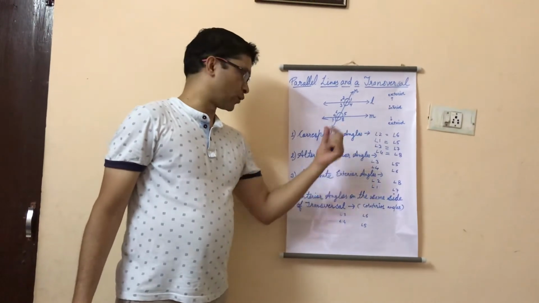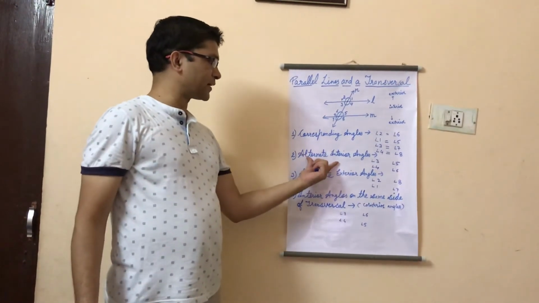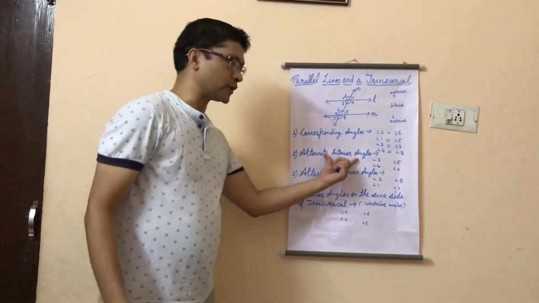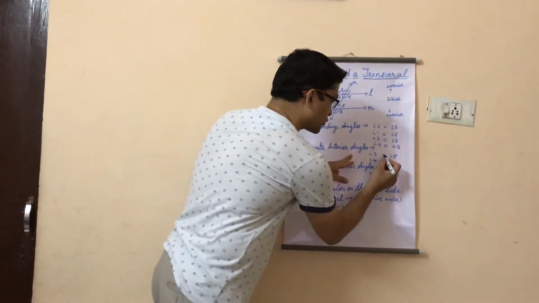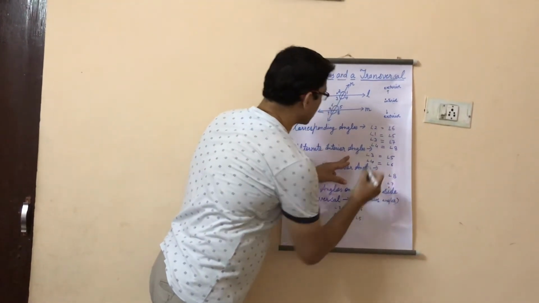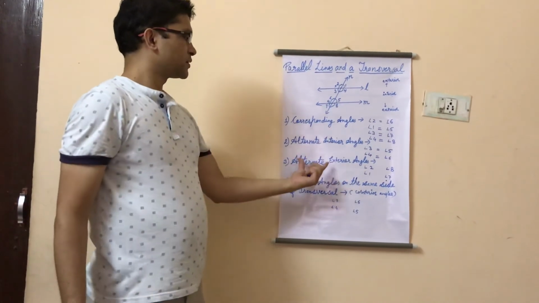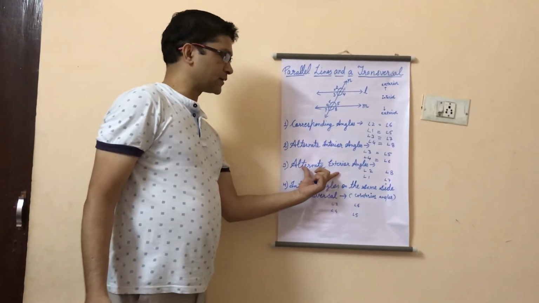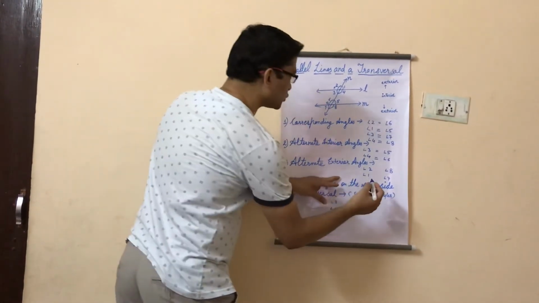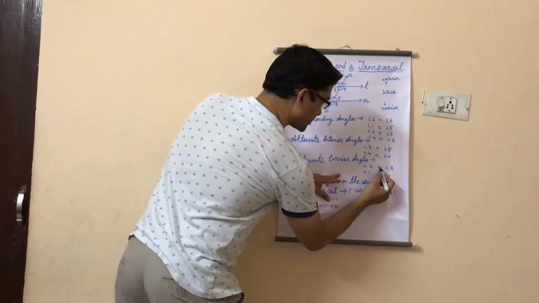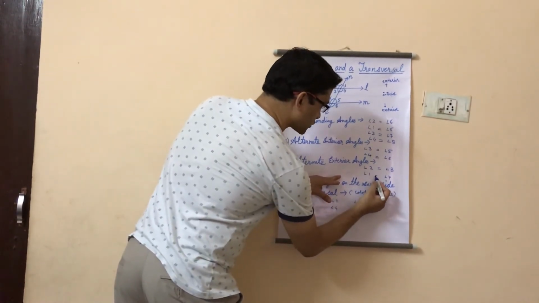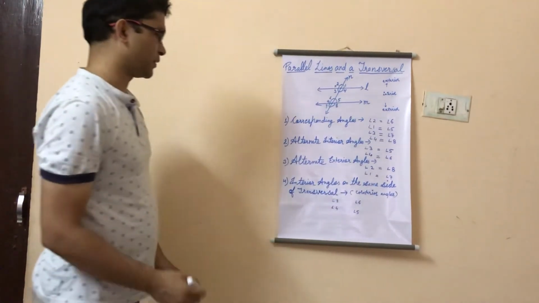Second rule about alternate interior angles, these angles are also equal. Angle 3 will be equal to angle 5 and angle 4 will be equal to angle 6. Same is the rule for alternate exterior angles, they are also equal. Angle 2 equals angle 8 and angle 1 also equals angle 7.